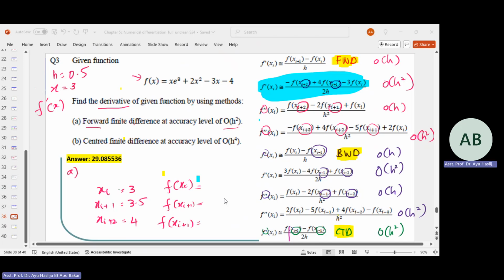The equation over here is x e to the power 3. I make it bigger.